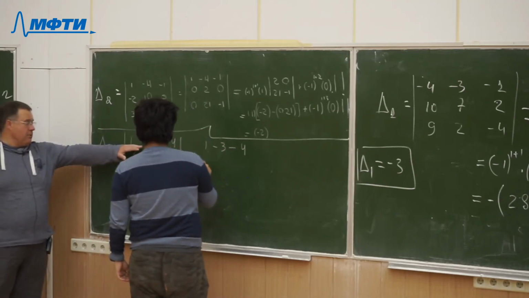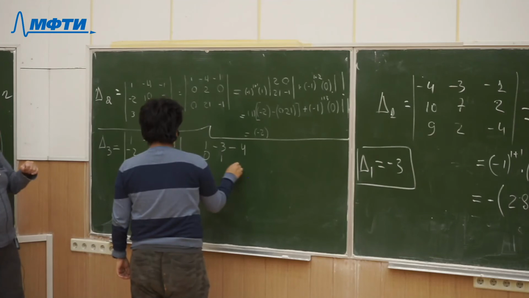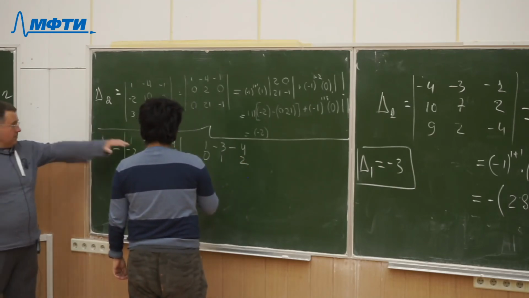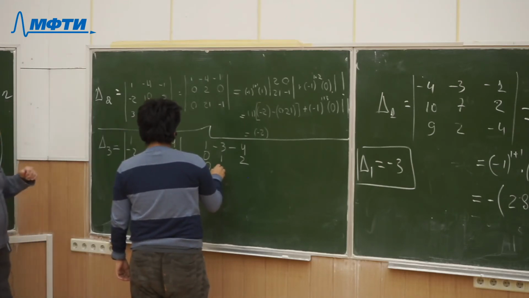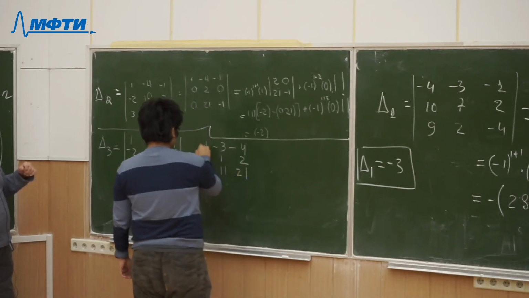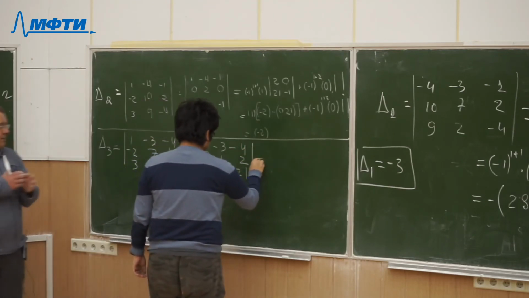Multiply by 2 and add to the second row. 0, 1, 2. Multiply by 3 and subtract from the third row. 0, 11, 21. Yes, equals.